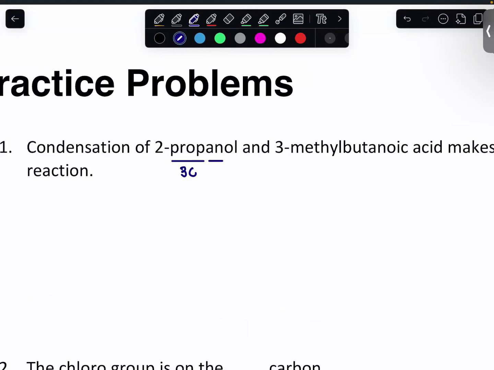Single bond. What does OL tell us? Alcohol. So we should have an OH group. And what does this 2 tell us? The location of the alcohol.